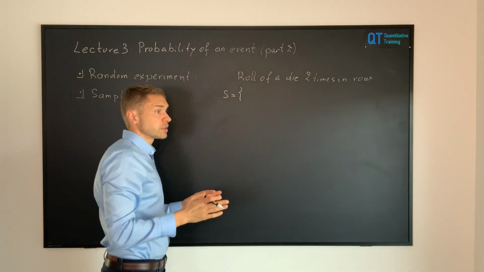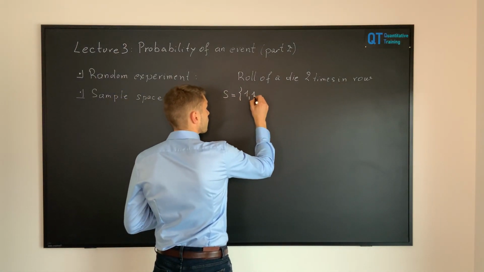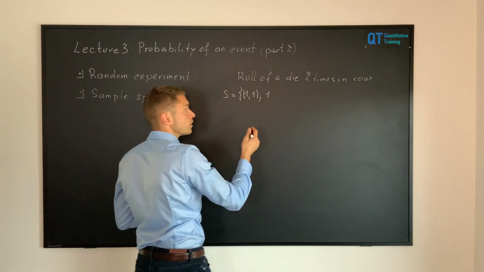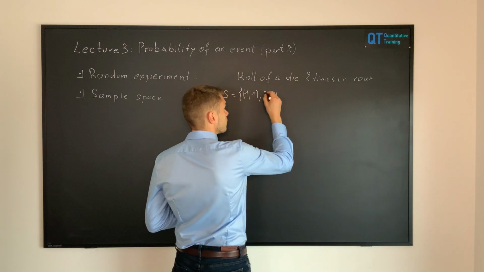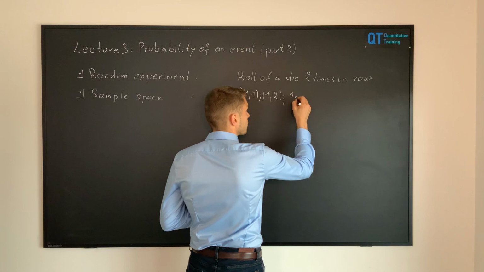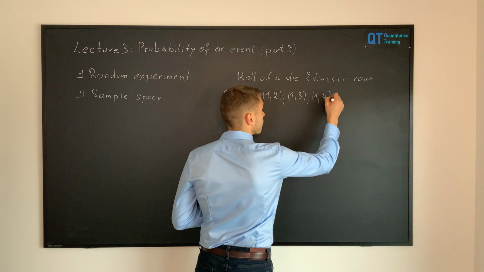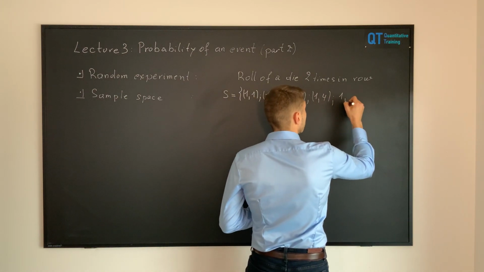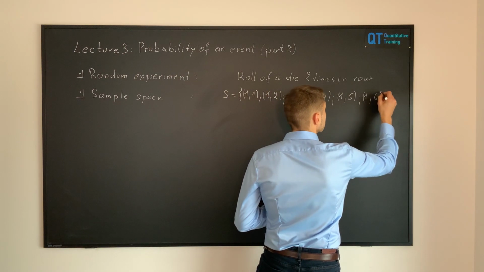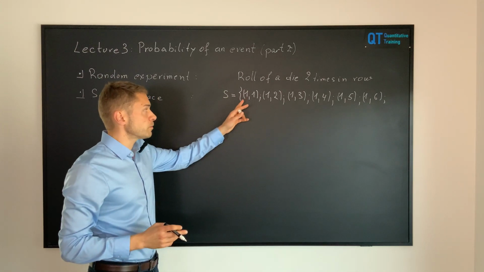Basically, when we roll the die, we could have the outcomes 1, 1, then 1, 2. So first roll 1, second roll 2. Then the third element would be 1, 3, 1, 4, 1, 5, up to 1, 6. And then, of course, as the first outcome, we could have not 1, but 2.